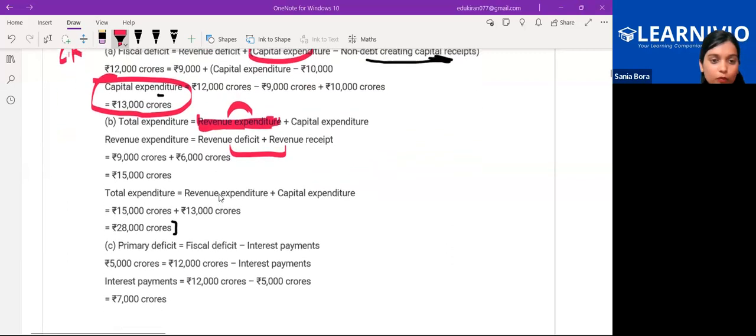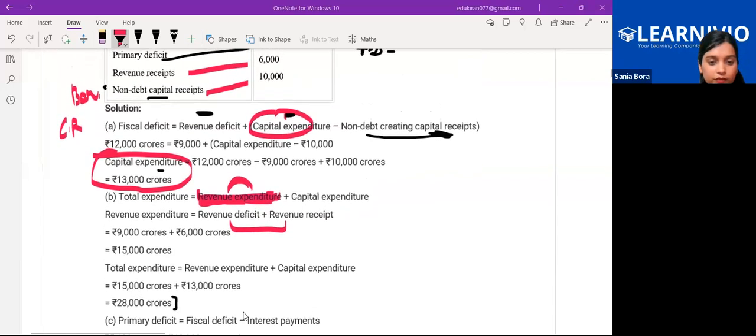Done. Now primary deficit is fiscal deficit minus interest payment. Can you see the question? Ma'am, can you show me the question values?